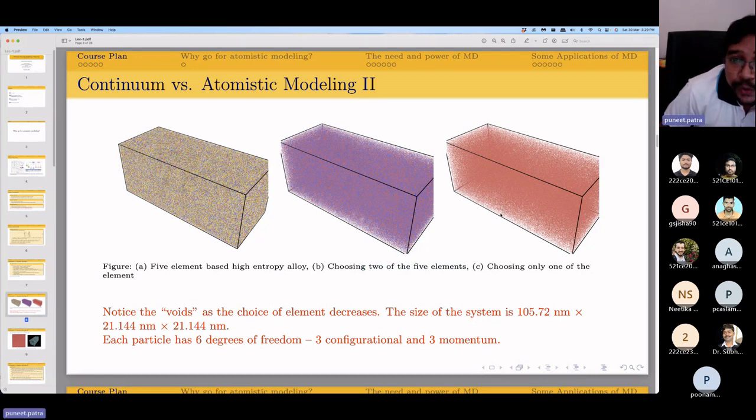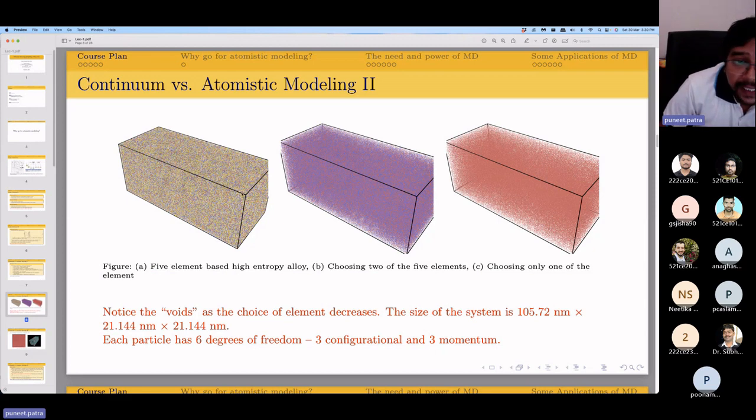Next, I only chose one of the 2 elements and created this figure on the right hand side. The system size you are seeing here, the X direction corresponds to 105.72 nanometers. The Y and the Z directions are the same. They correspond to 21.144 nanometers. So we are dealing with a system which is nanometer in size.